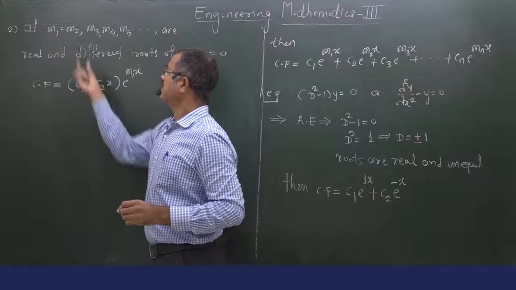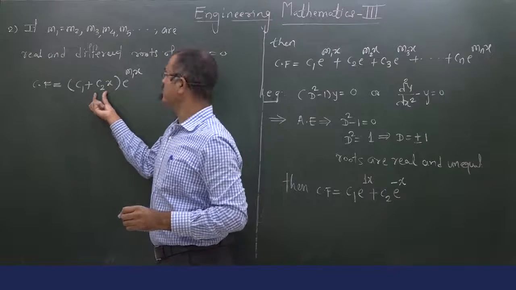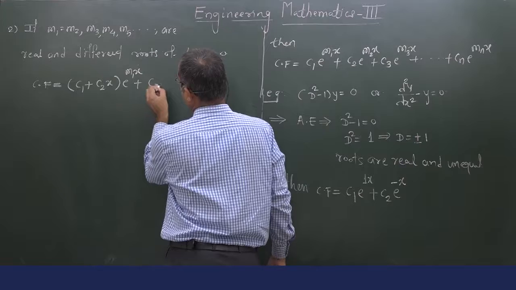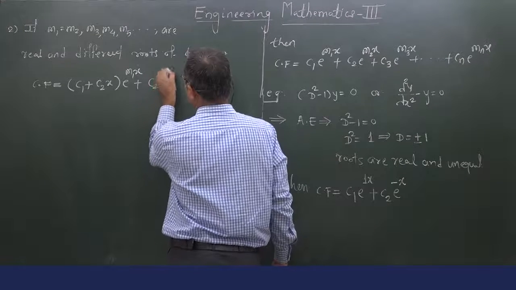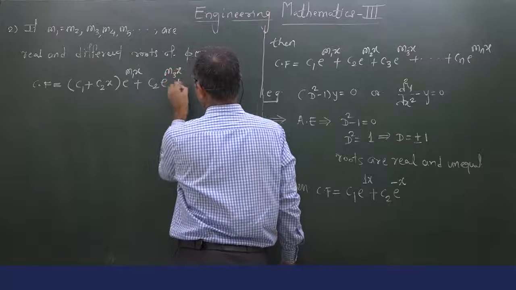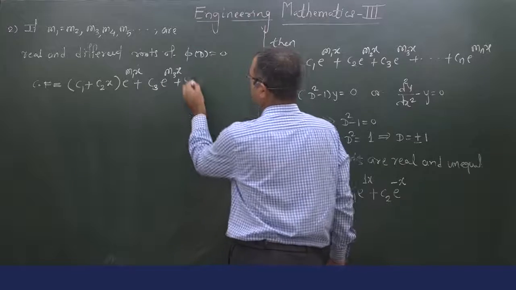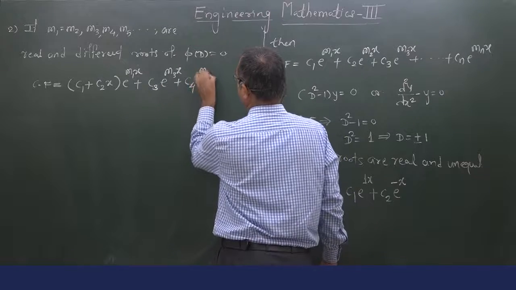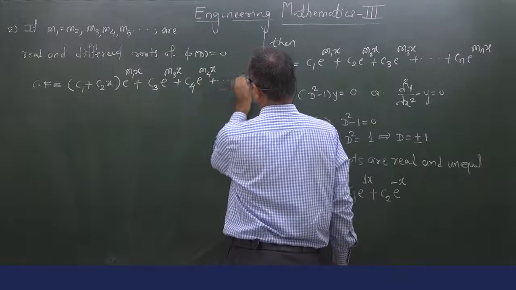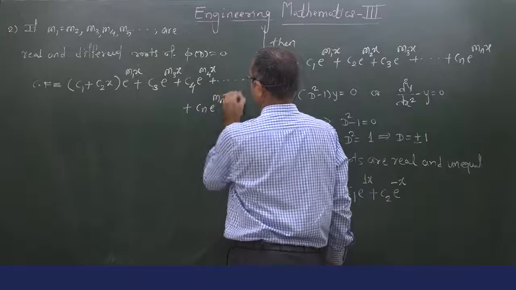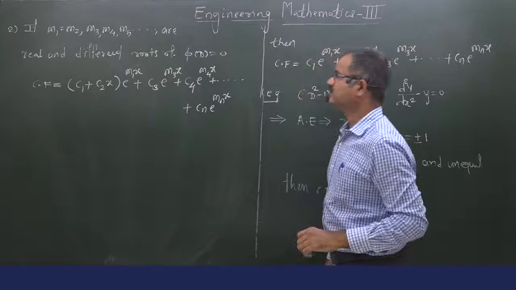If two roots are equal, then here (c1 plus c2x) e to the power m1x, and for different roots c3 e to the power m3x plus c4 e to the power m4x plus so on. The last is cn e to the power mnx.